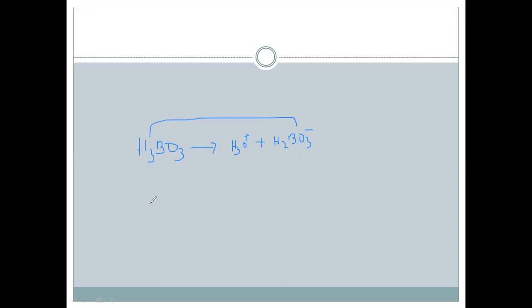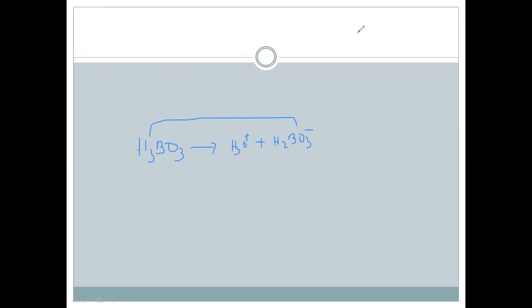So they have the general formula of BnHn+4 or BnHn+6 also. And BnHn+4 are called nidoboranes, whereas BnHn+6 are called arachnoboranes. Note it properly.